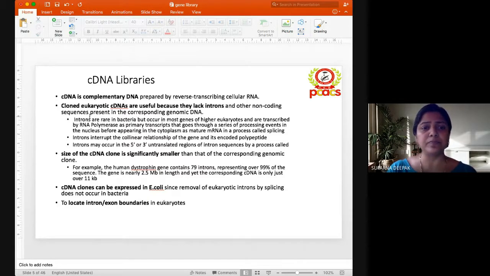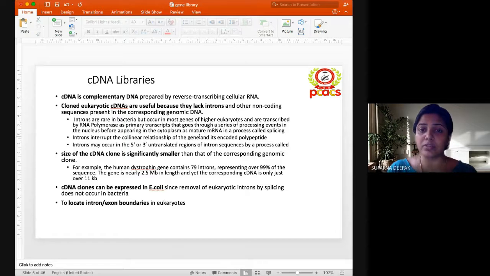These cloned eukaryotic cDNAs are useful because they lack introns and other non-coding regions. Introns are rare in bacteria but occur in most genes of higher eukaryotes and are transcribed by RNA polymerase as a primary transcript that goes through a series of events in the nucleus before appearing in the cytoplasm as mature mRNA.